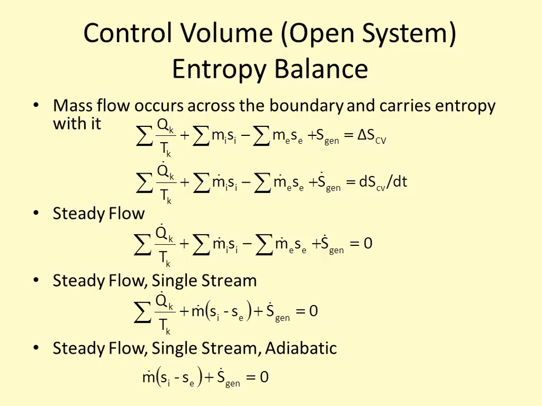So to determine the rate of entropy generation for a steady flow problem, it's fairly simple and straightforward. We just move it to the other side of the equation and then solve for the effects due to the mass flow and the heat transfer in and out of the system. Okay, simple in terms of the algebra involved.